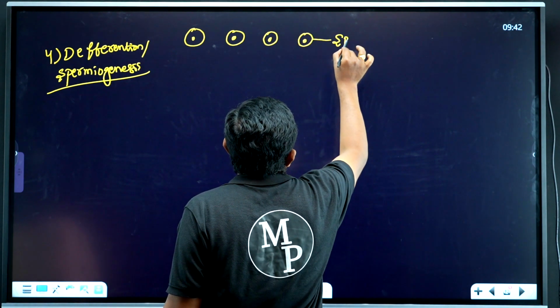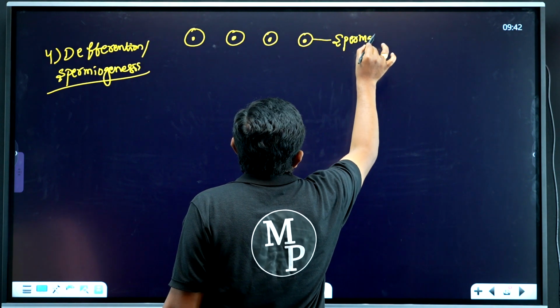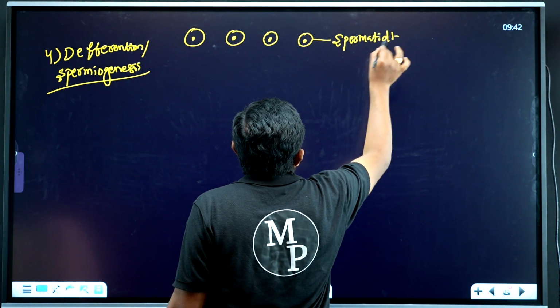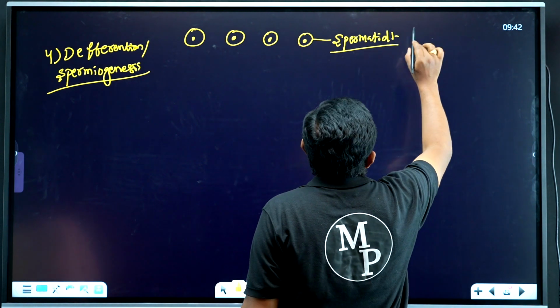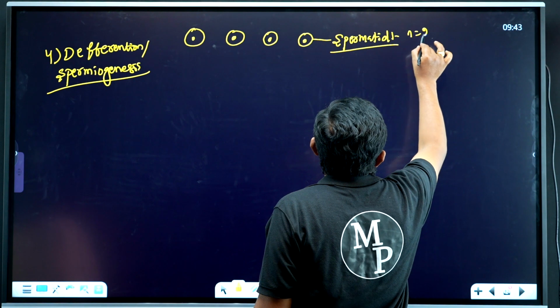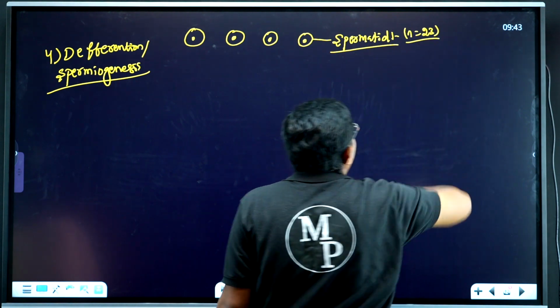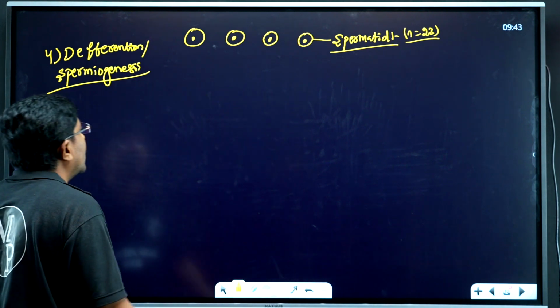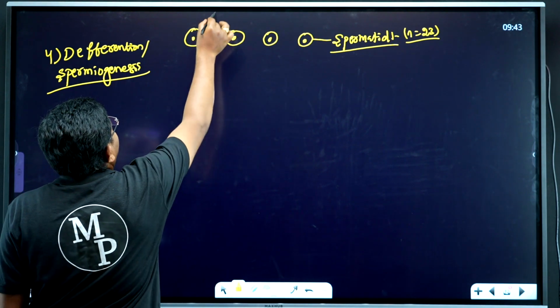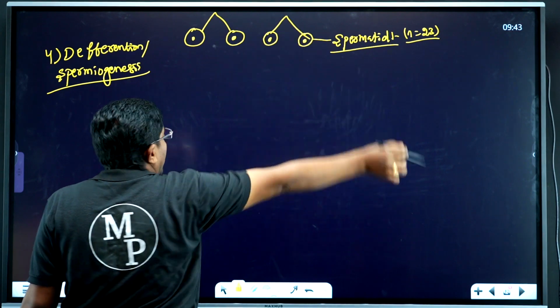The spermatids are small and round in shape, and they have a haploid number of chromosomes. Haploid means 23 chromosomes are there. That is one point, and there is one more important point.